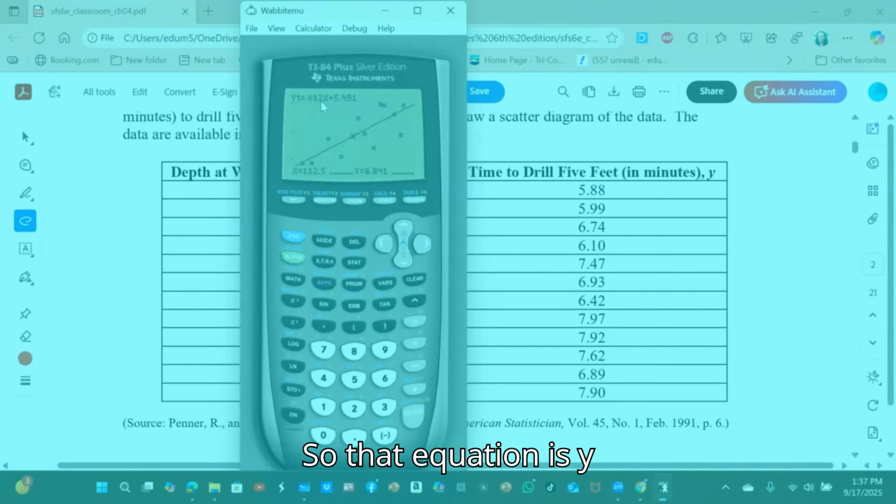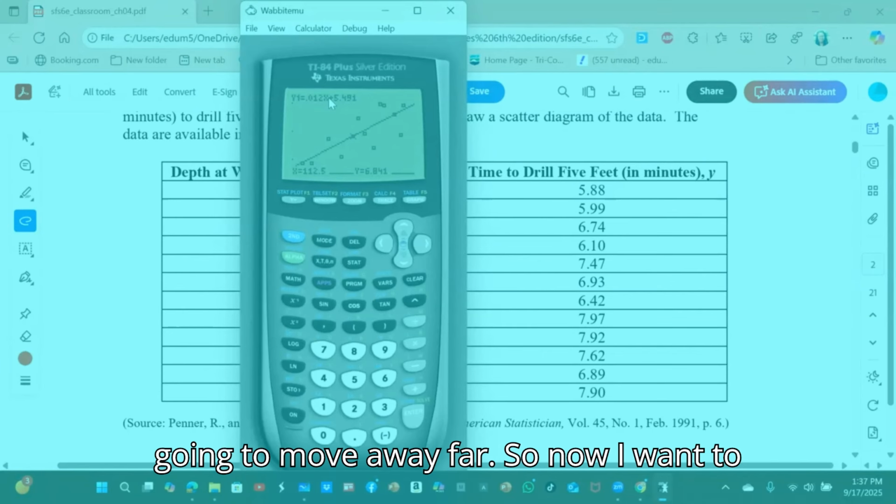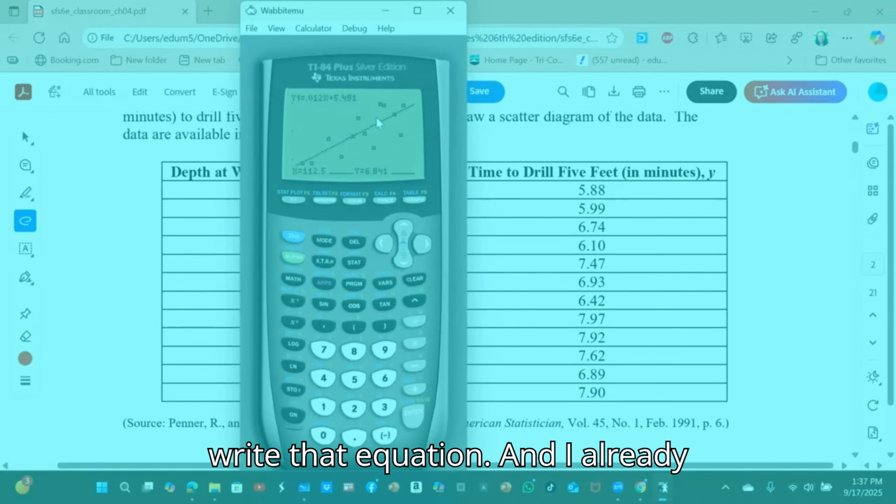So that equation is y equals 0.012x. I am going to take a picture of that. So now I want to write that equation.